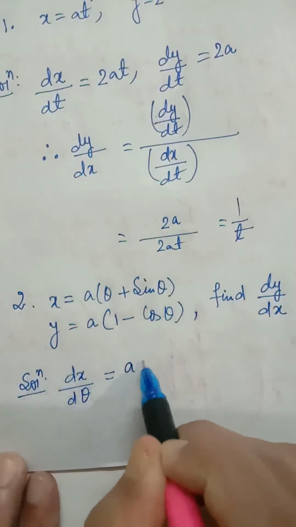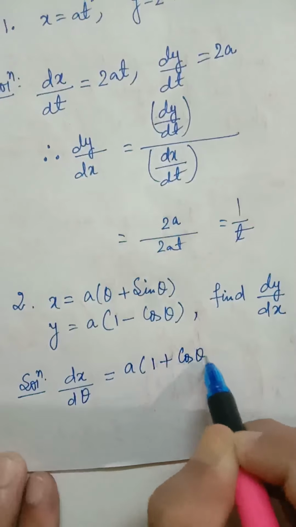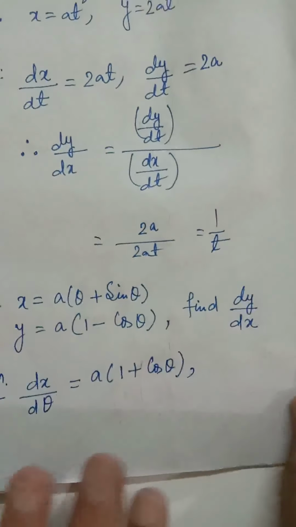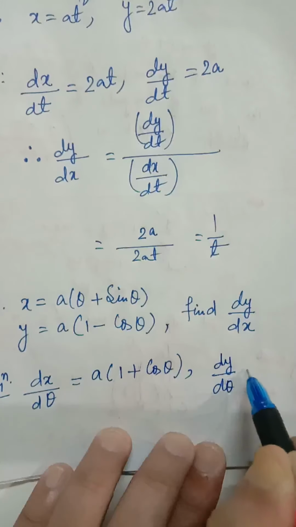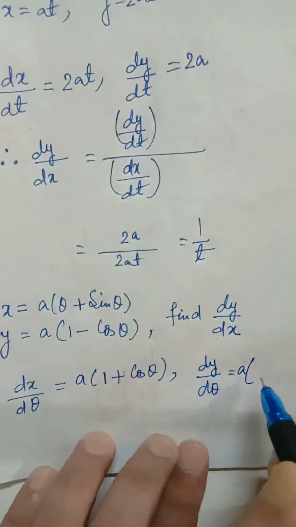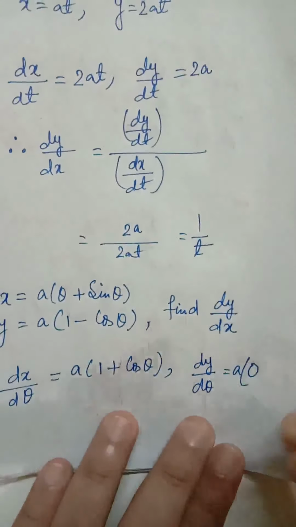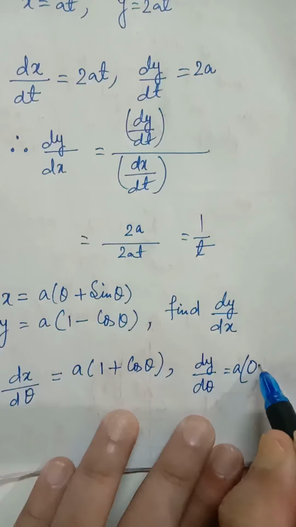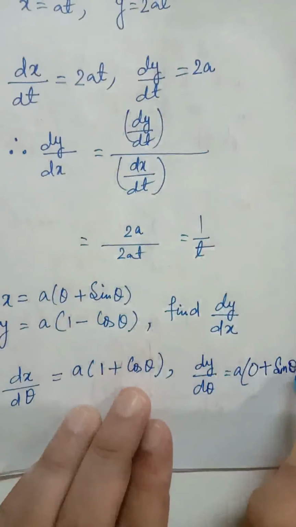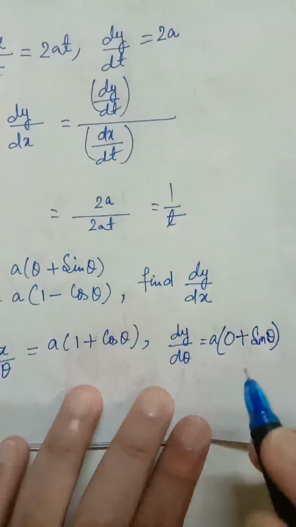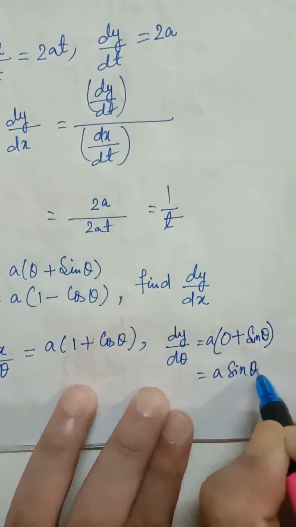So it will be a into derivative of theta is 1, derivative of sin theta is cos theta, dx by d theta, and dy by d theta equal to a into derivative of 1 is 0, derivative of minus of derivative of cos theta is minus sin theta, so this will become plus sin theta. Okay, so dy by d theta equal to a into sin theta.